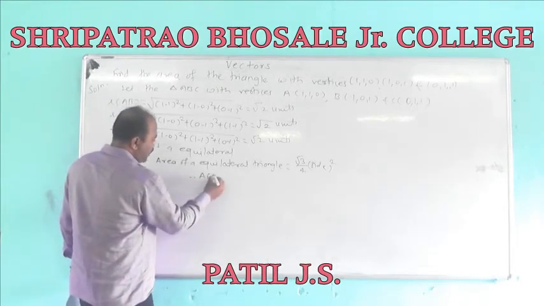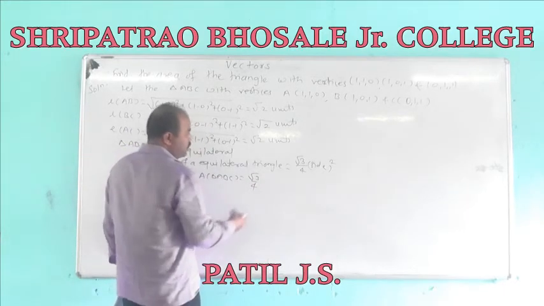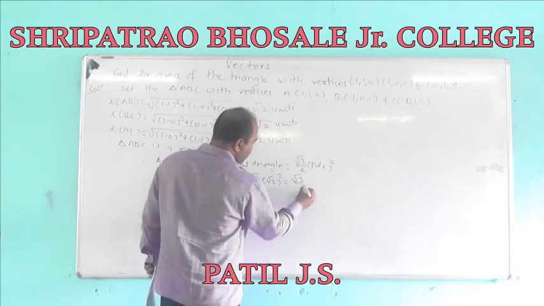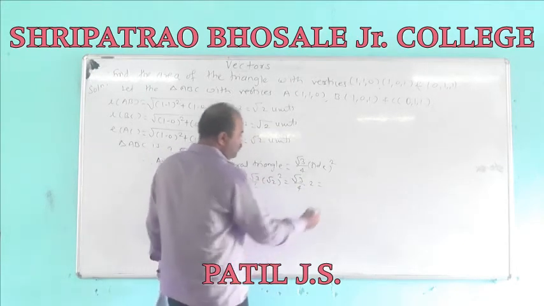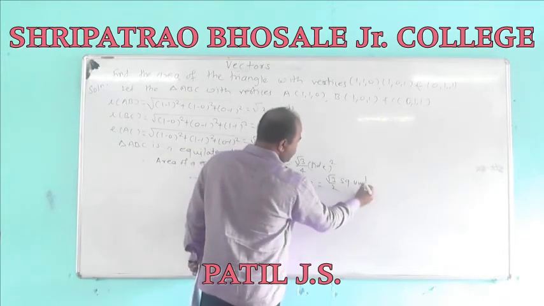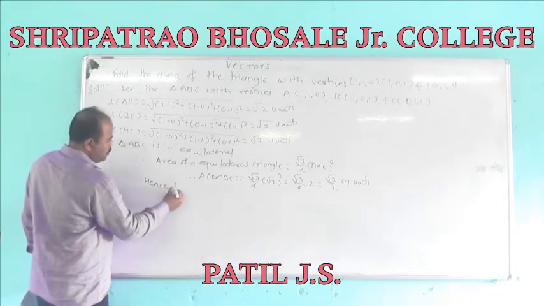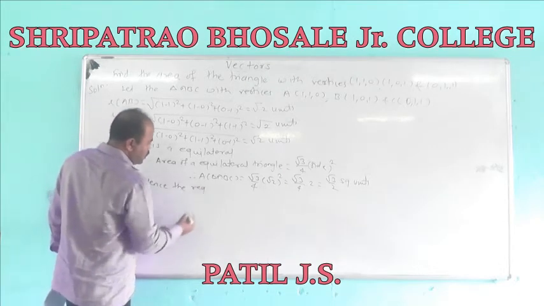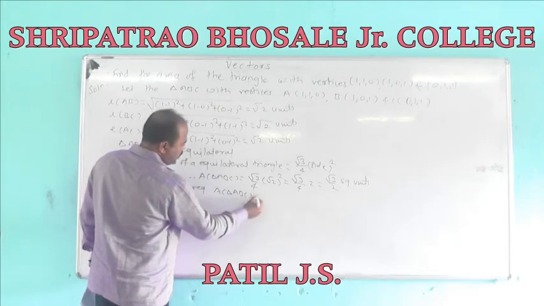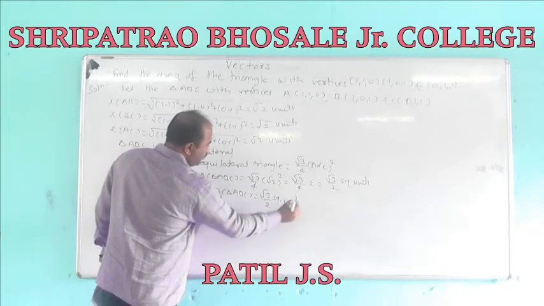Therefore the area of triangle ABC is equal to root 3 upon 4 into root 2 square, that means root 3 upon 4 into 2, root 3 by 2. Hence the required area of triangle ABC is equal to root 3 upon 2 square units.